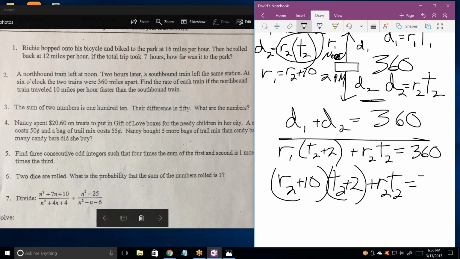All of that's got to be equal to 360. And what do I know about t sub 1? Hold on a minute.